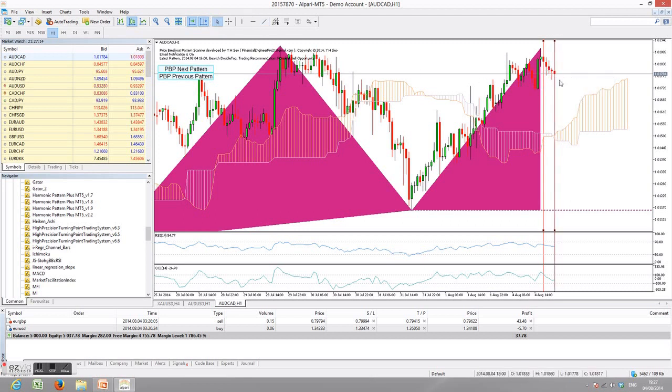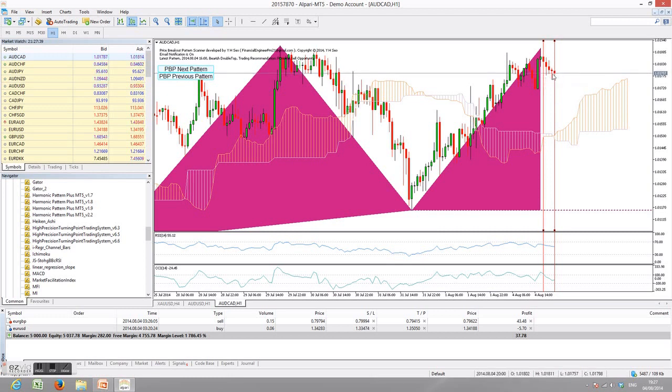So you will sell, and the price has already gone down, like how many pips? Like 7 pips below the previous level. So if you already missed the opportunity, just look for another one and trade with the fresh patterns.